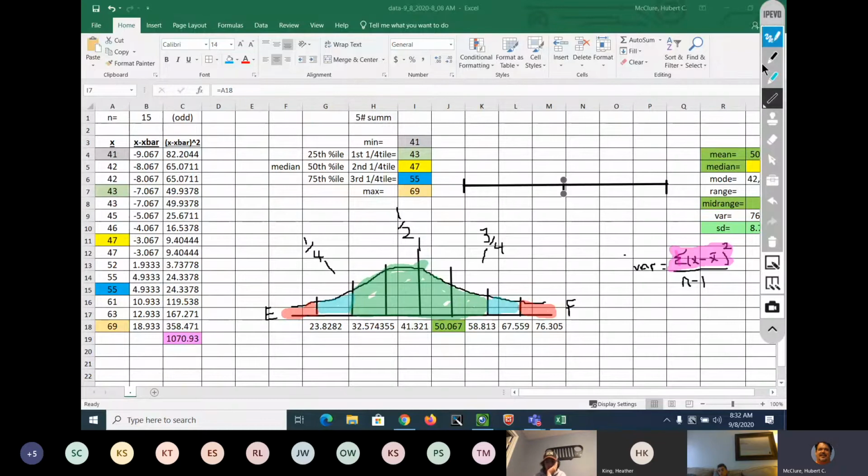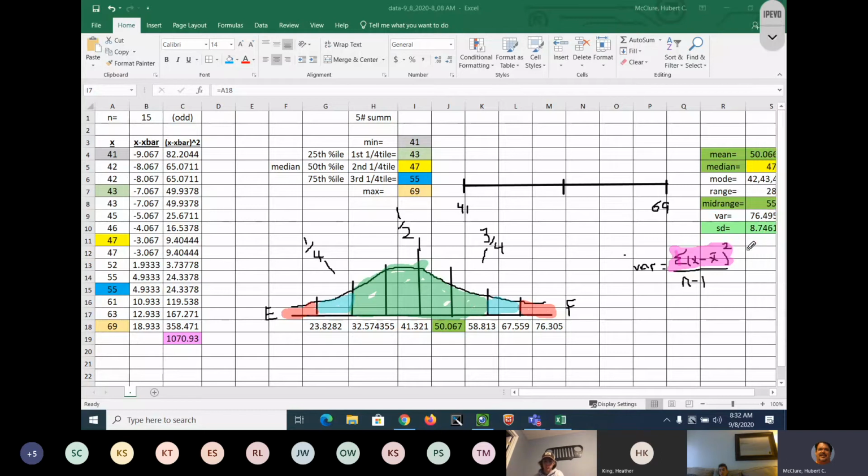Now you all know the min is 41. The max is 69, and the mid-range, let me cover this up.